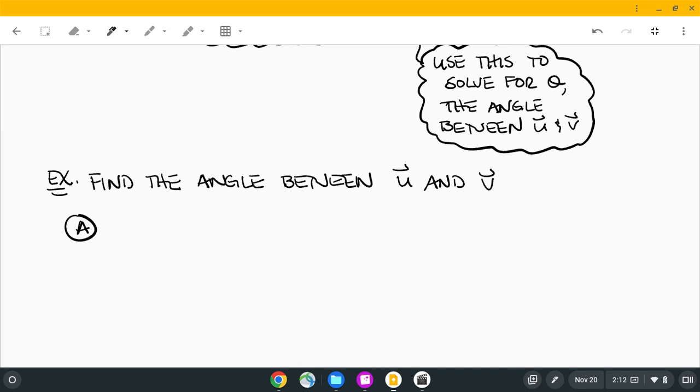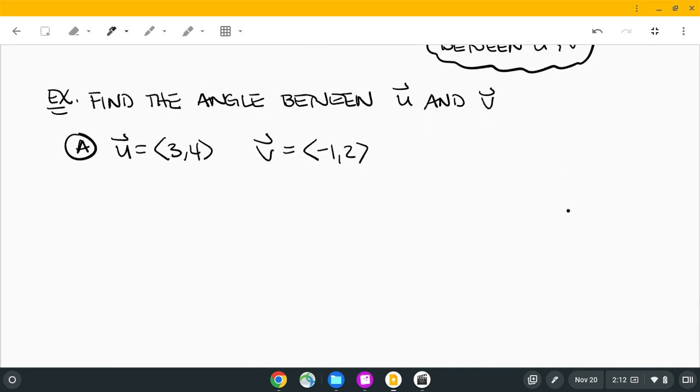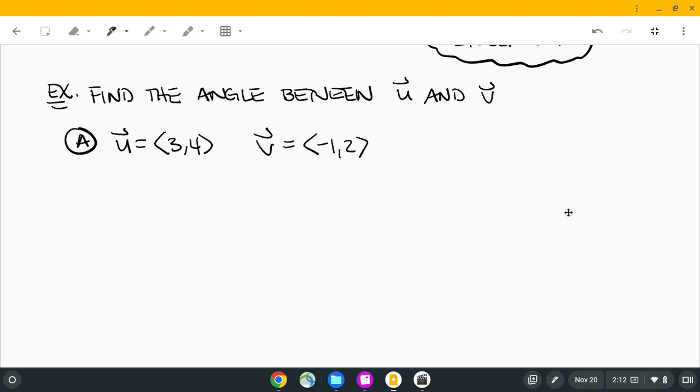Suppose that vector u is 3, 4. Vector v is negative 1, 2. Okay. All right. So if we use that formula, let me write it down here. u dot v equals magnitude of u, magnitude of v times the cosine theta.